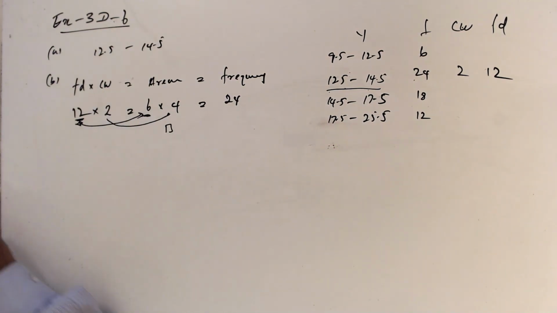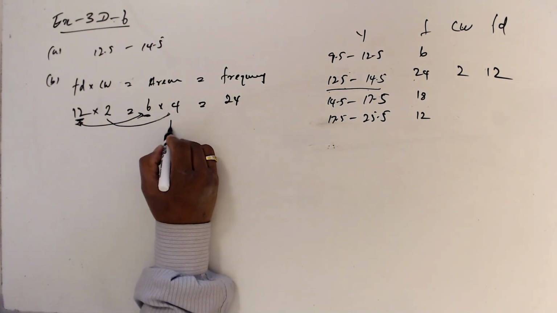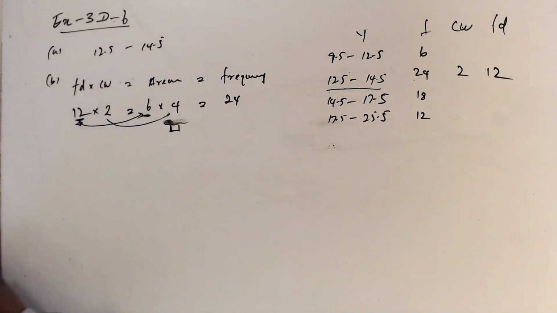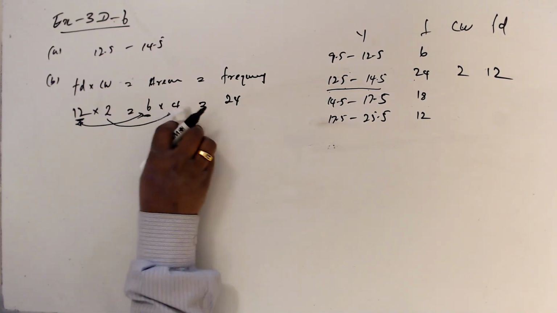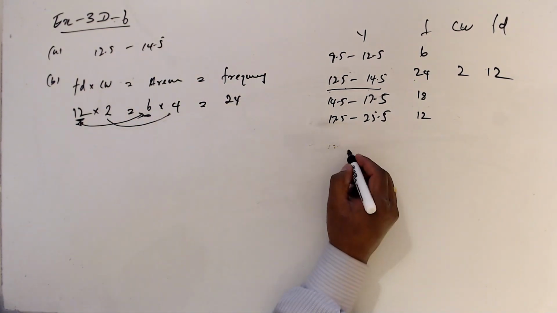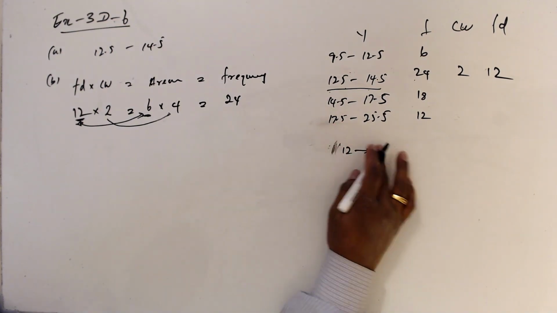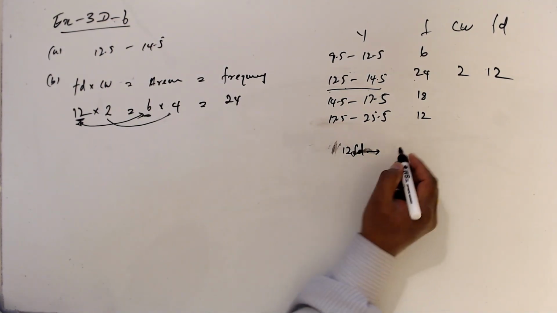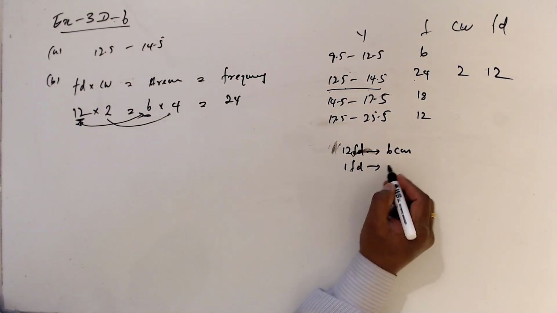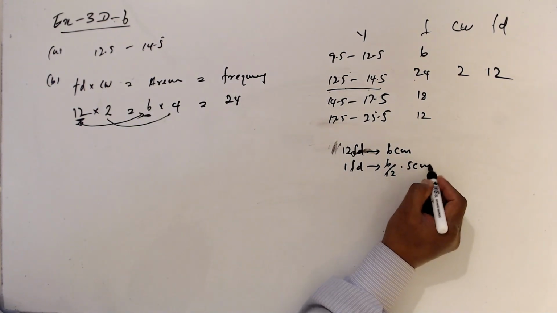It has different sizes of squares now. We'll see what kind of square it is going to be. 12 represented by 2. 12 FD represented by 6 centimeter. Then 1 frequency density is 6 divided by 12, 0.5 centimeter.